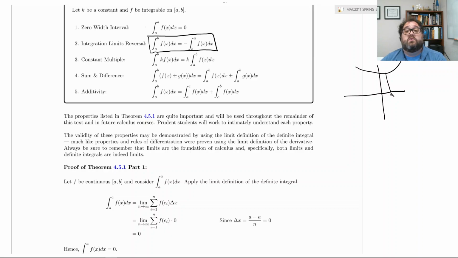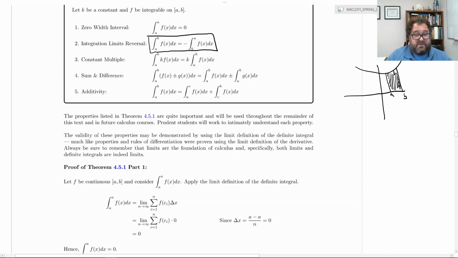This does not make a lot of geometric sense. If you take the definite integral from a to b, you get the net area, but if you instead take the definite integral from b to a, you get the opposite of net area.